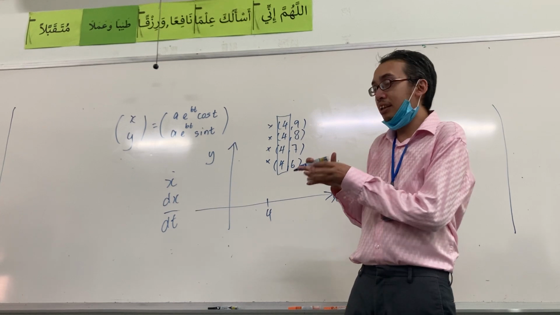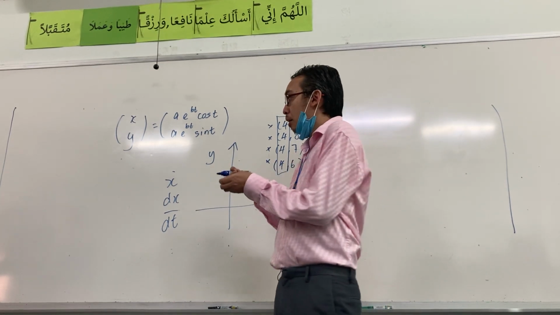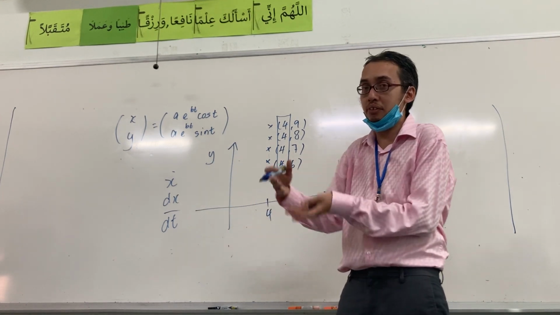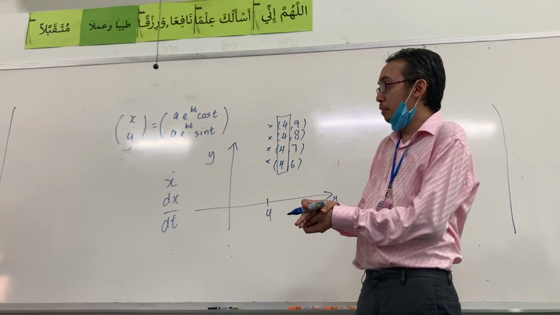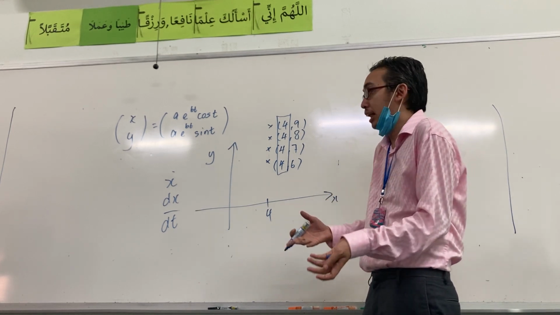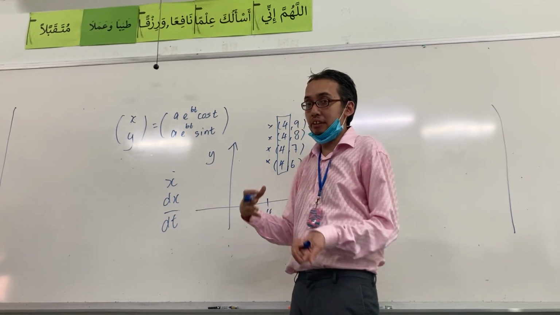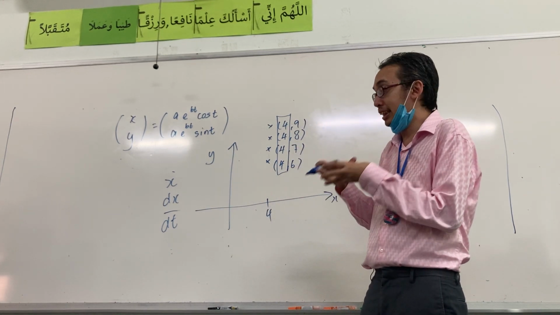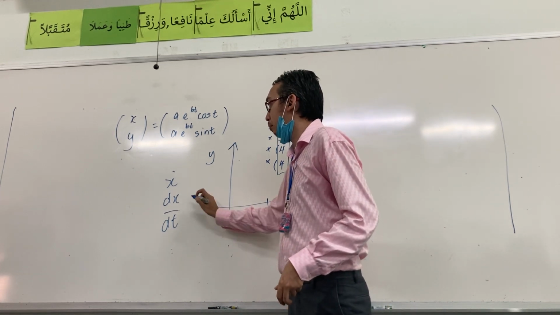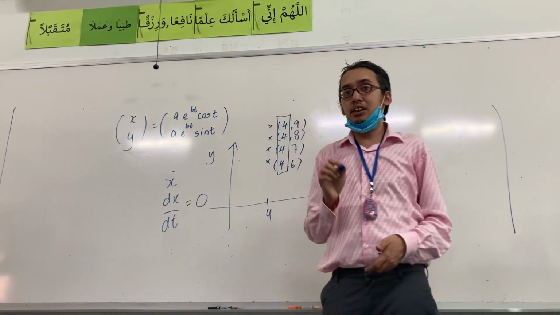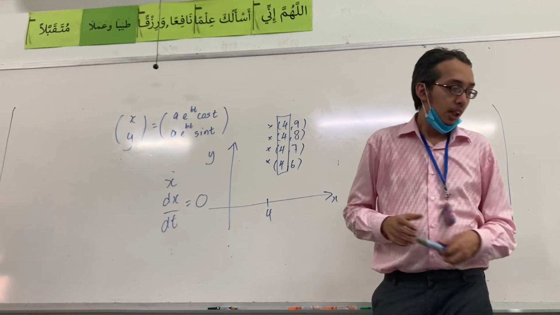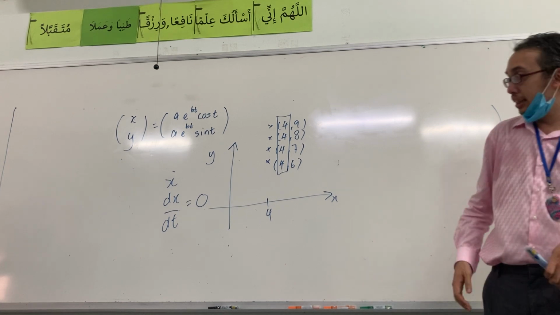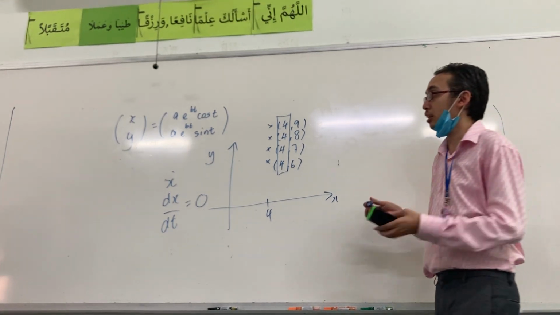So the rate of change when it doesn't change: when it's positive, dx/dt is positive. When the rate of change is negative, it's decreasing, so it will be negative. When it doesn't change, it stays the same, your dx/dt must be 0. So this is the concept that you did first. Once you know dx/dt is 0, that's your first step. You must equate this to 0.